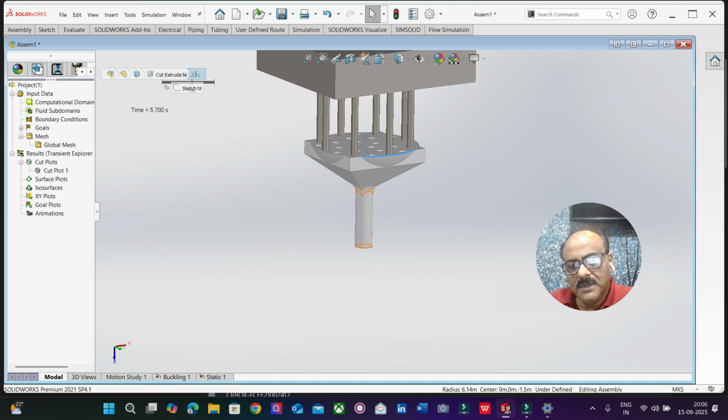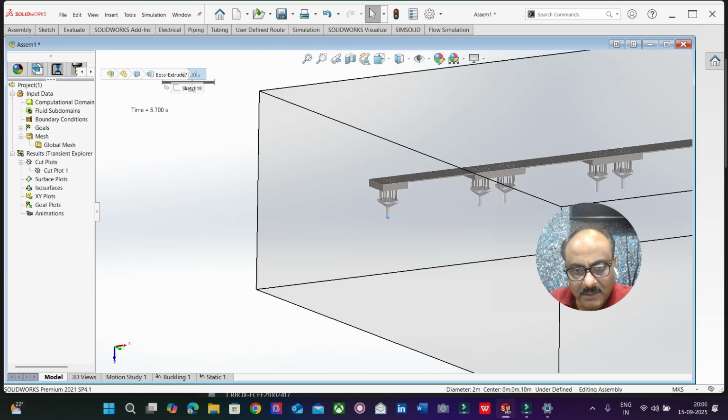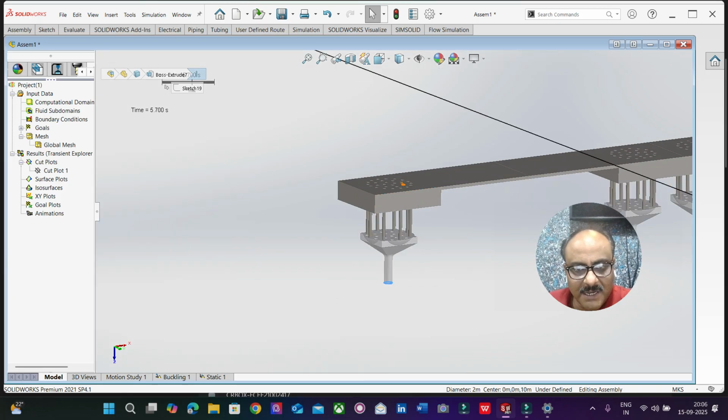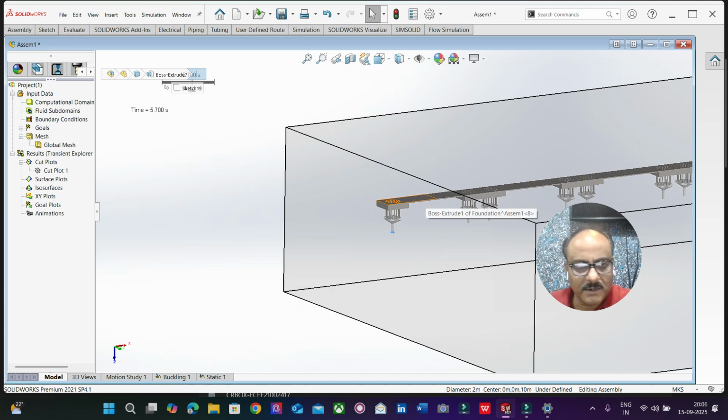Even the zone below that, from that point below the pier to the black line, which is the computational domain, that entire region is going to be filled with water, and anything above this is going to be filled with air.